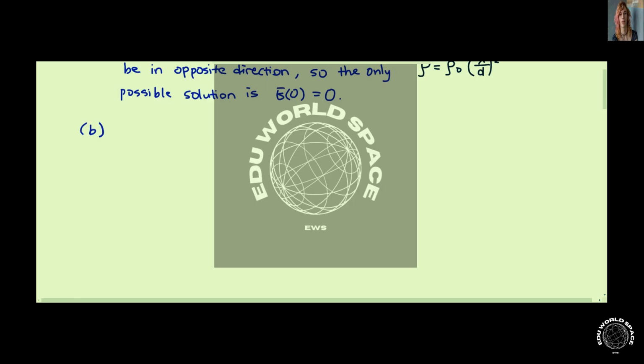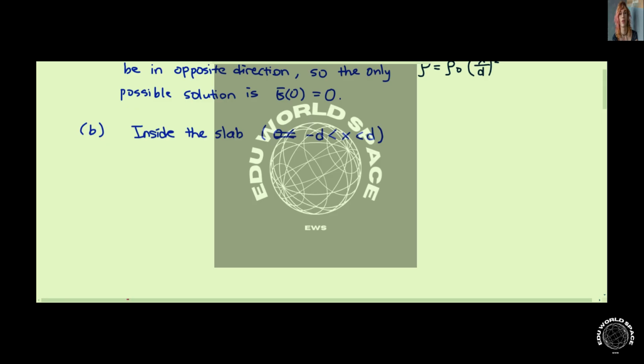First we find the electric field inside the slab, the region between minus d and d.